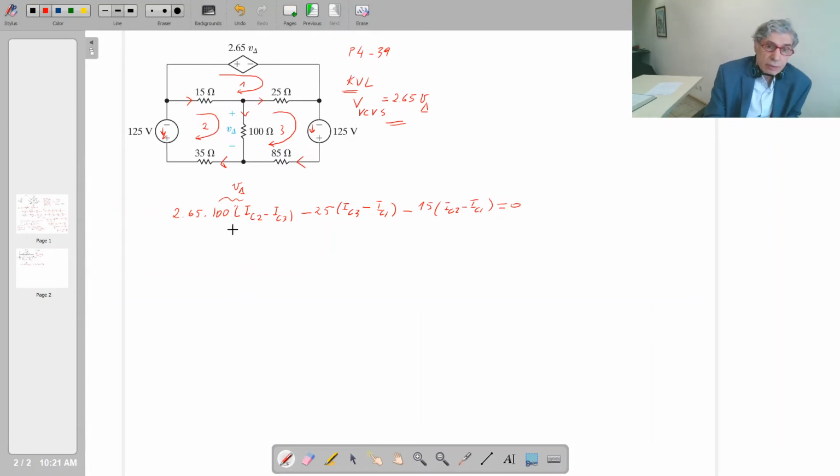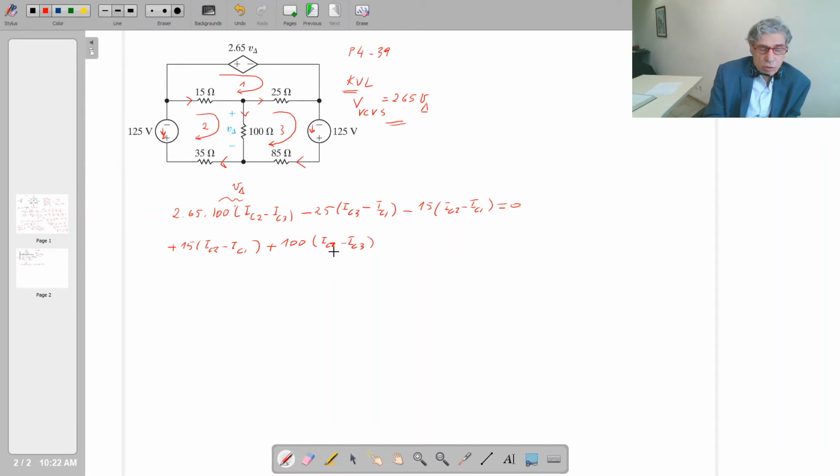For this one, now this is going to be a positive sign, so I'm going to repeat this one, plus 15 times IC2 minus IC1. That's this voltage. This voltage that I already know is 100, and because the direction is the same, plus 100 times this element current, which is IC2 minus IC3.